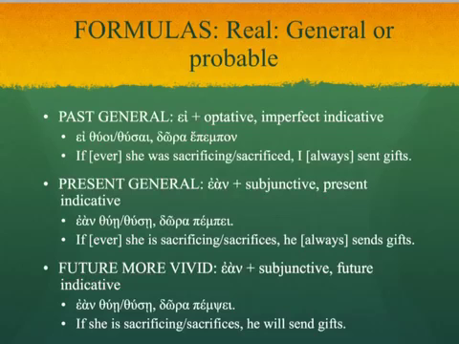So ean thue or ean thuse, if she sacrifices, dora pempsei, he will send gifts. Okay? So you can kind of see a pattern in the way those three real or probable conditions work.